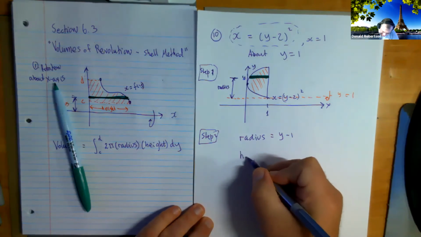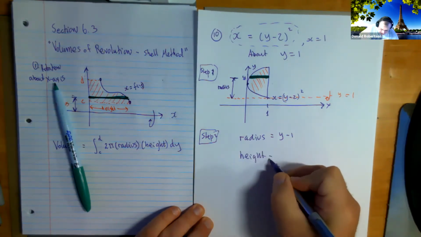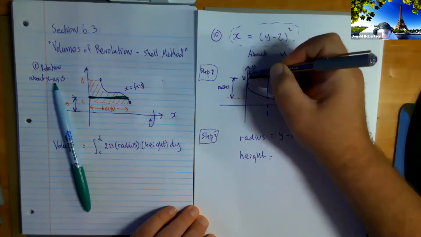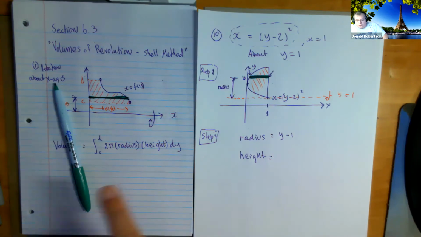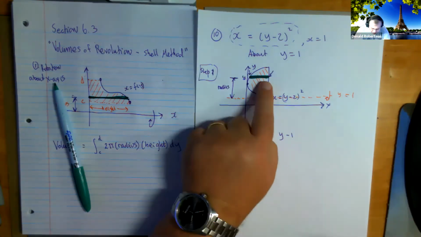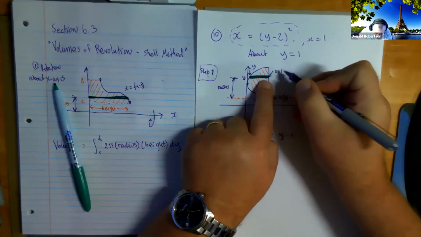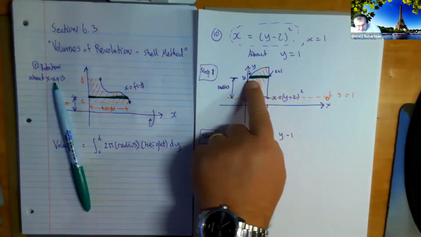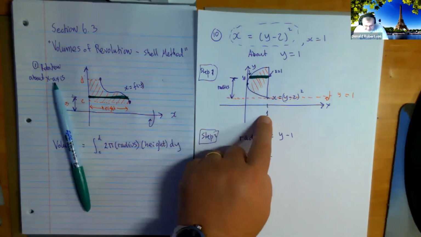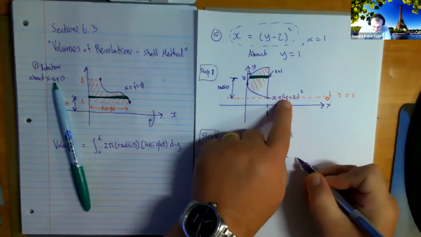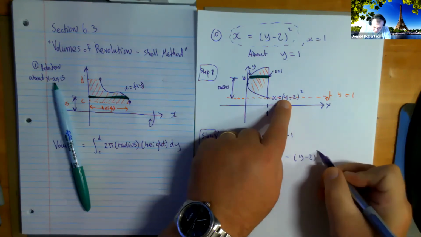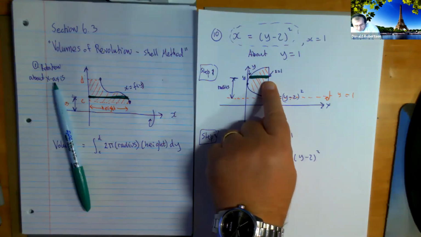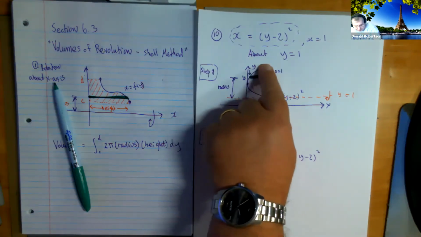Now, the height. This is new. Do you see this rectangle has a start value and a finish value, right? It doesn't go all the way to the end. This start value is 1, and this finish value is that. So if I want to know the distance from there to there, which we call the height, it's going to be big number take away that guy. So from here it's 1, and from here is whatever that function is called.